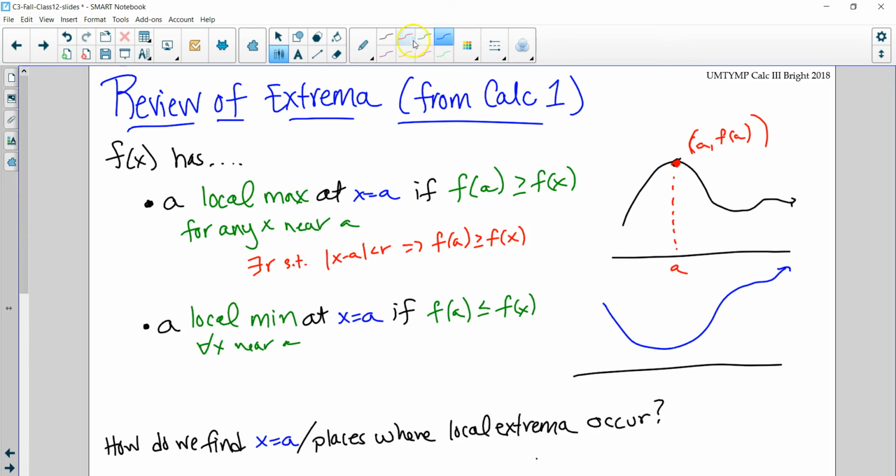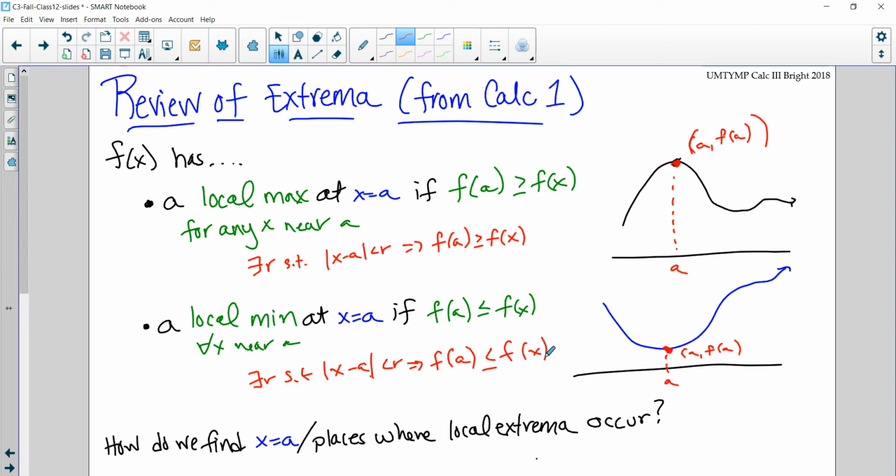Okay, so we're thinking that if this is our value that we suspect is a min, so here's a, and then we can again find that point as a comma f of a, that we would see again there exists an r such that when the absolute value of x minus a is less than r, that forces f of a to be less than or equal to f of x.